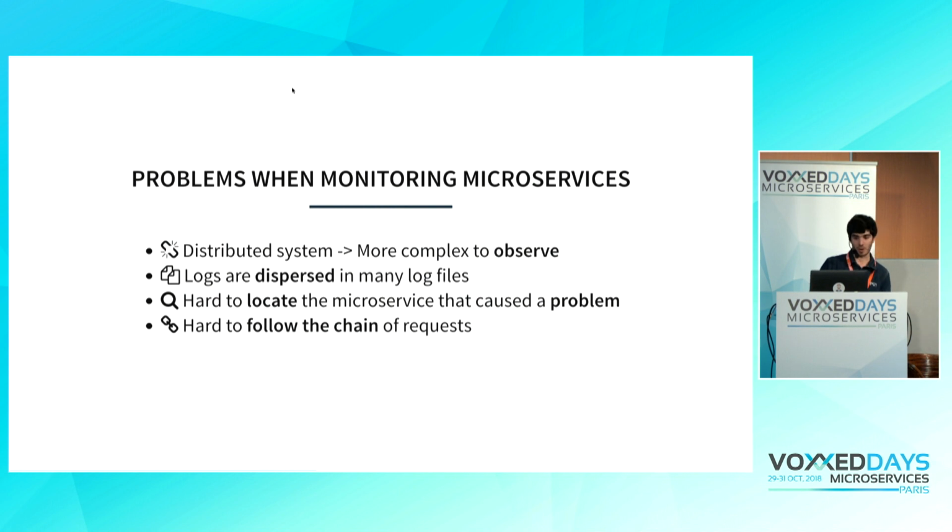And then it's also hard to follow the chain of requests when you start having dozens of microservices, which is the path that your request is following through your architecture. Sometimes you don't know. Finally, when you have something slow, it's hard to study latency.